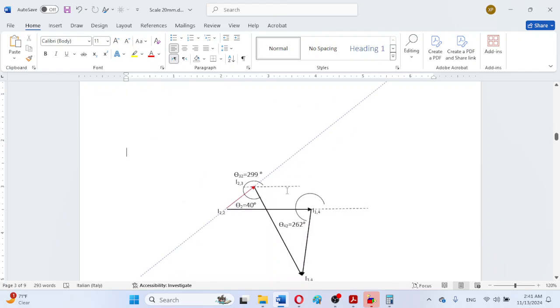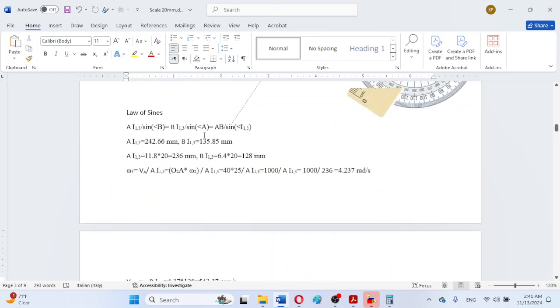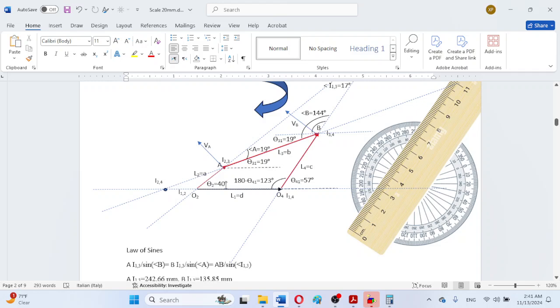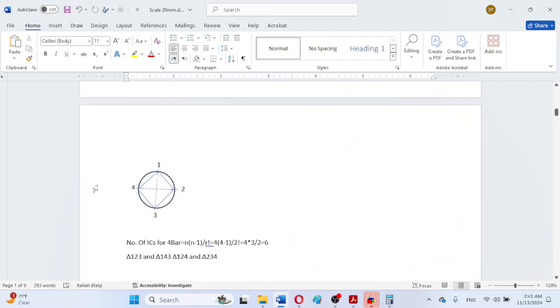The third instant center I1,3 will be located on this line, and now again use the other trio 1 4 3 or 1 3 4.